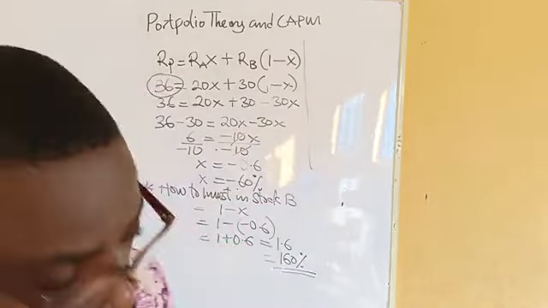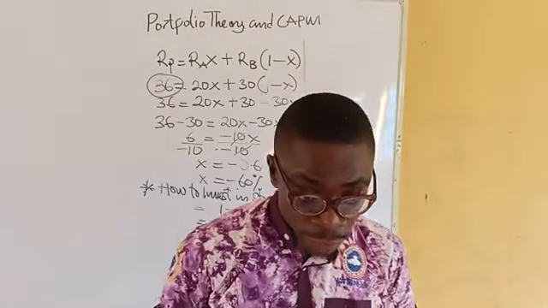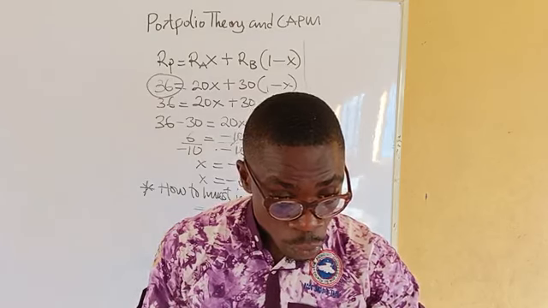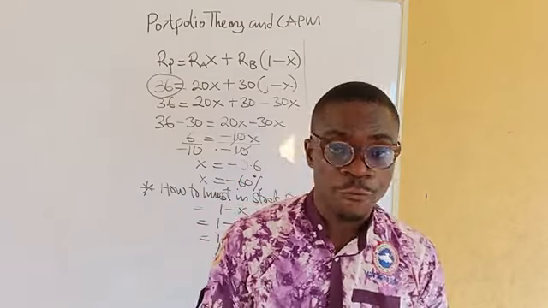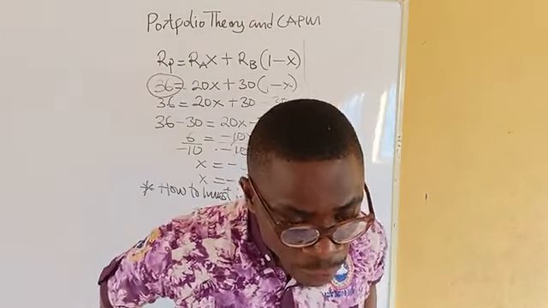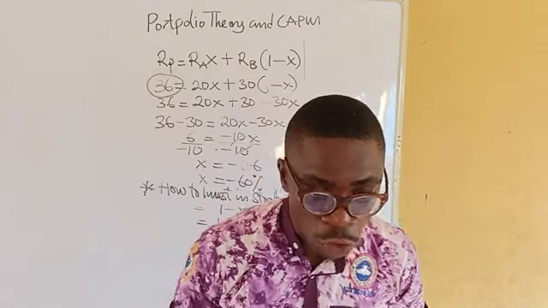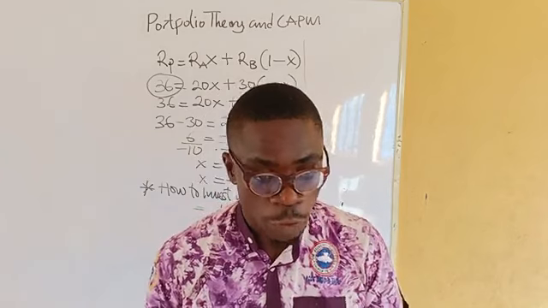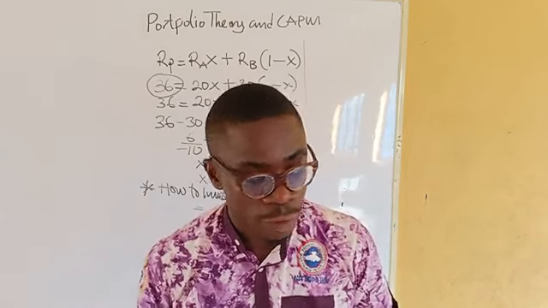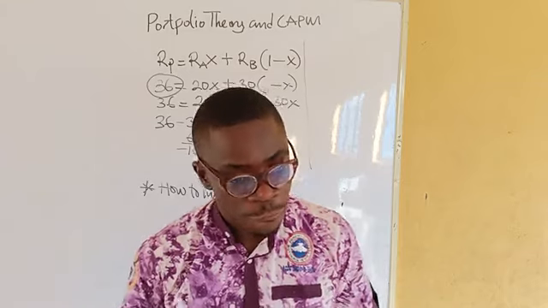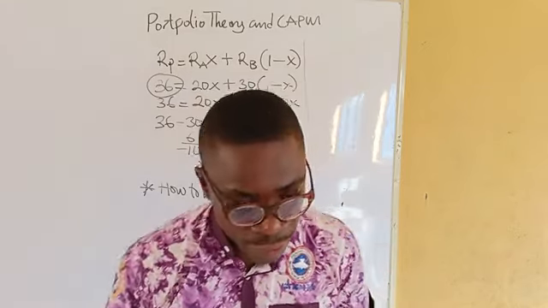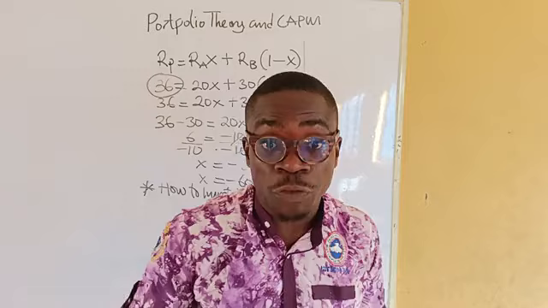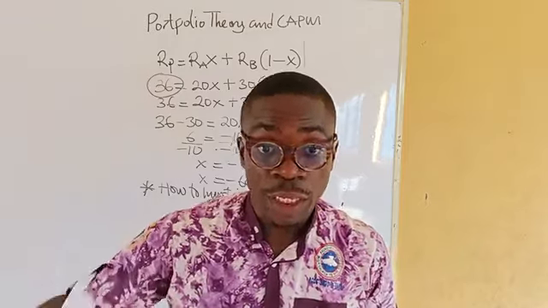So let me read the question. Illustration 4. It said ABC PLC has 3 investments in its portfolio, A, B, and C with 15%, 25%, and 30% return respectively. So they have calculated the returns for us on each of the investments.